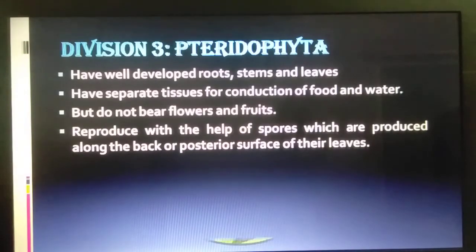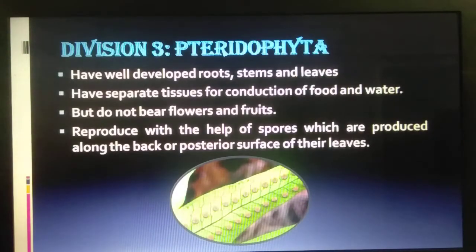They reproduce with the help of spores, which are produced along the back or posterior surface of their leaves. Now if I show you a picture of a pteridophyte which commonly grows along walls, they are commonly called ferns. Pteridophytes are called ferns, whereas bryophytes are called mosses, and thallophytes are called algae.